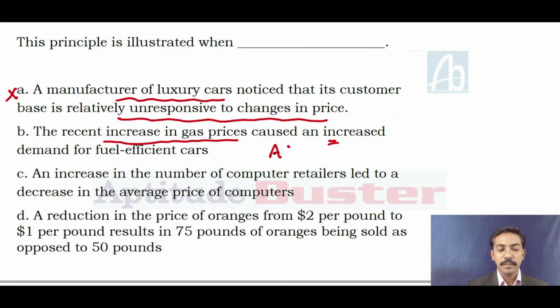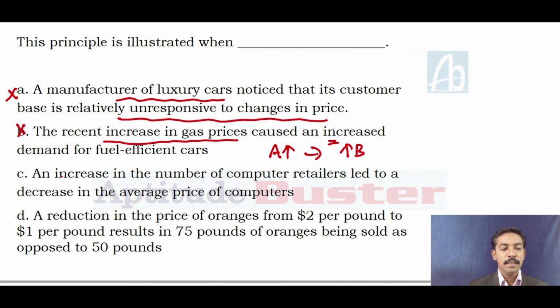Increase in the price of one product has led to increase in demand for another product, fuel efficient cars. Hence, option B fails to illustrate the principle, because the principle expressed in the argument is when the price shoots up, the demand will fall down. B can also be eliminated.